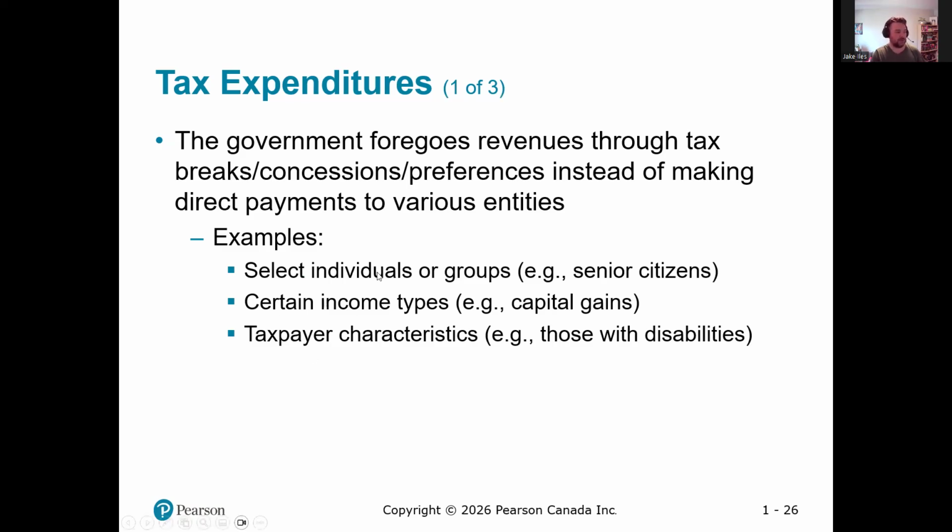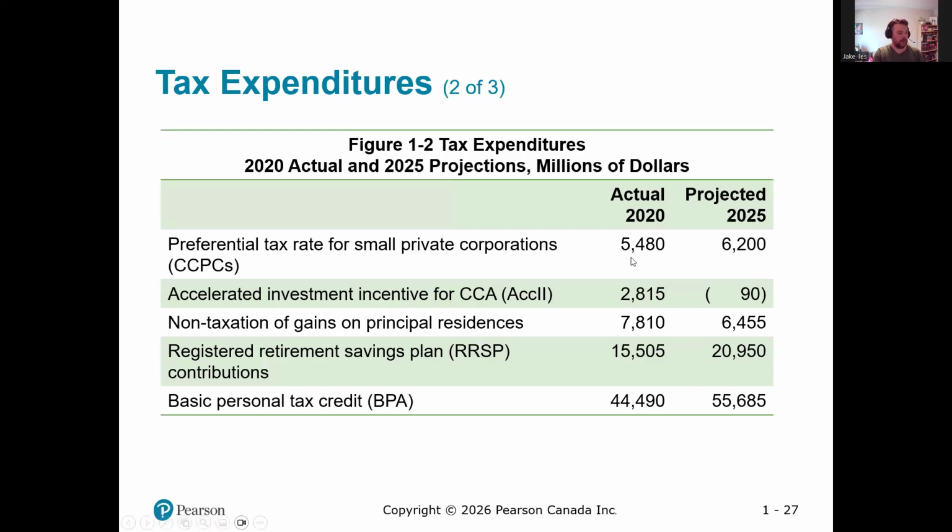So select individuals or groups, certain income types. If we want to encourage investment, perhaps capital gains will have a different income type, or taxpayer characteristics, those with disabilities, those who need help, we want to help. Preferential tax rates for small private corporations have a reduced tax rate.